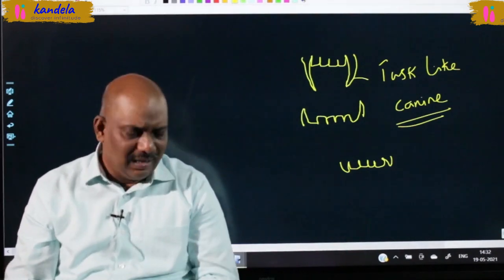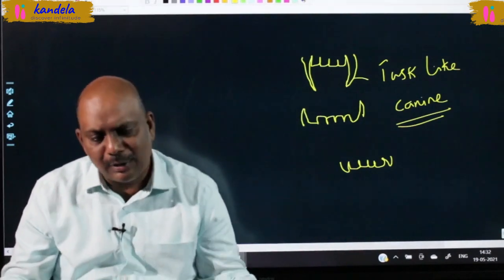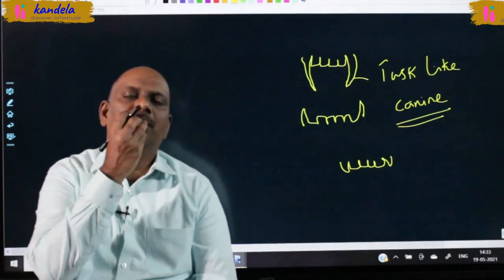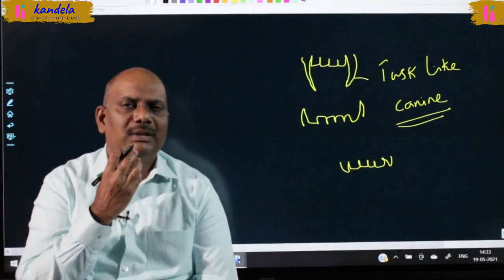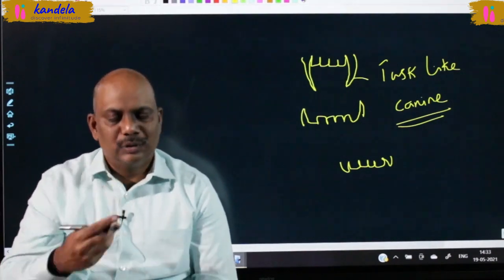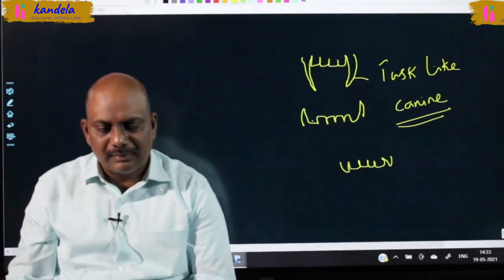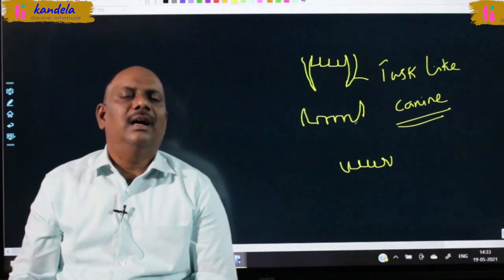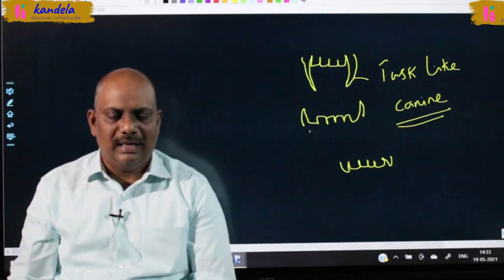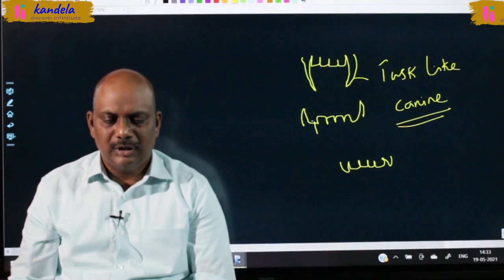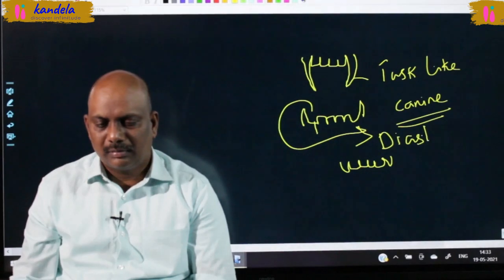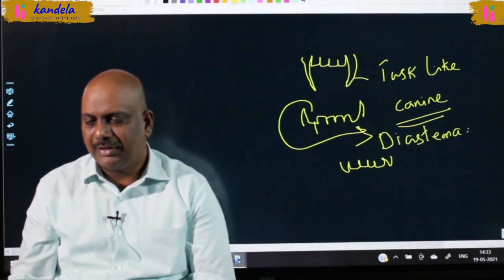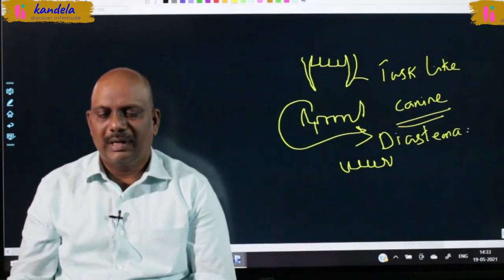Canines are smaller. At the same time, when canines used to be large, they cannot keep the mouth open for a long time. They need to close it. Once they close it, they need to lock the teeth. So there will be some opening here between the canines and the incisors, which is called diastema.